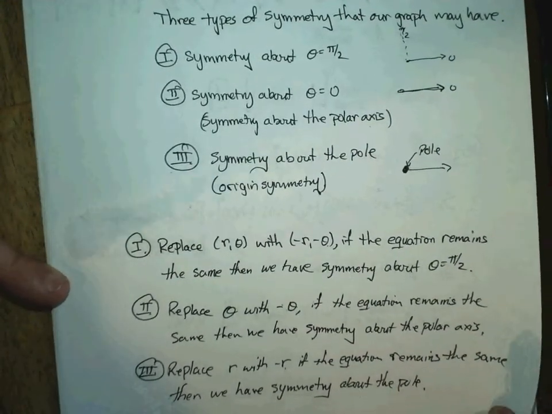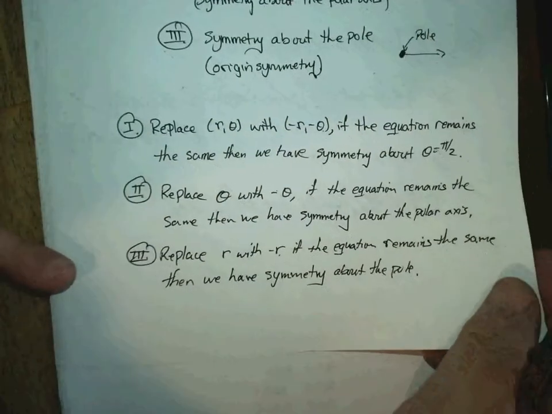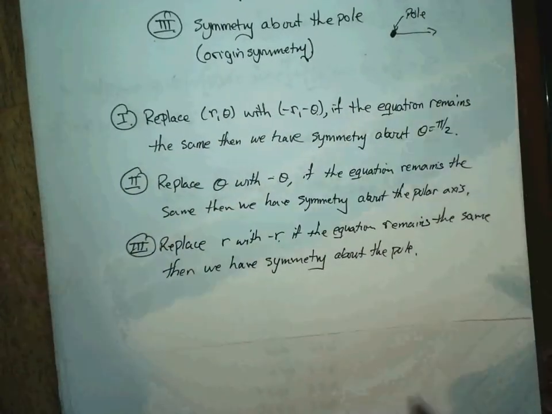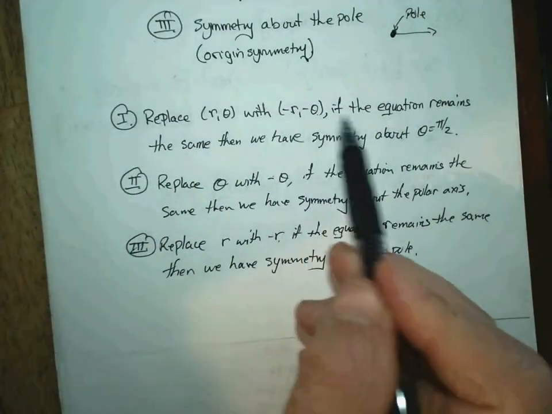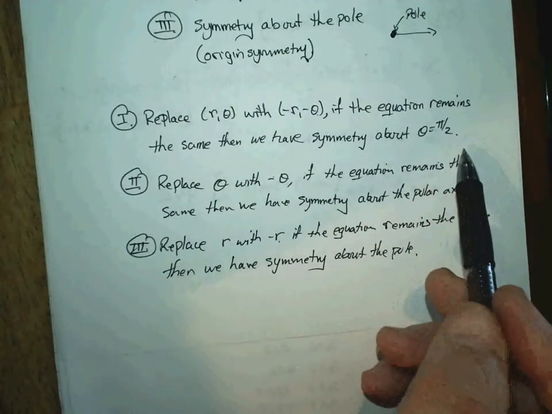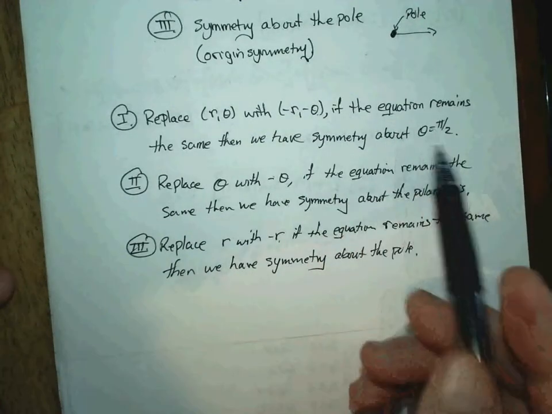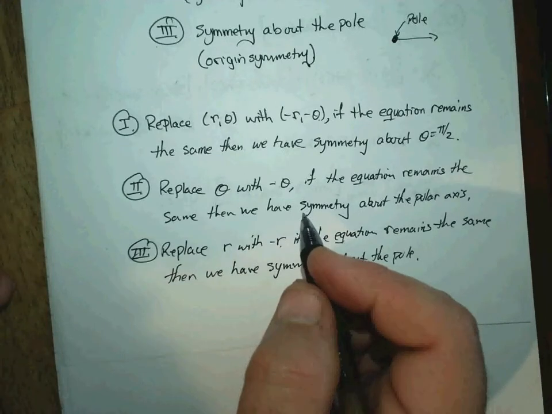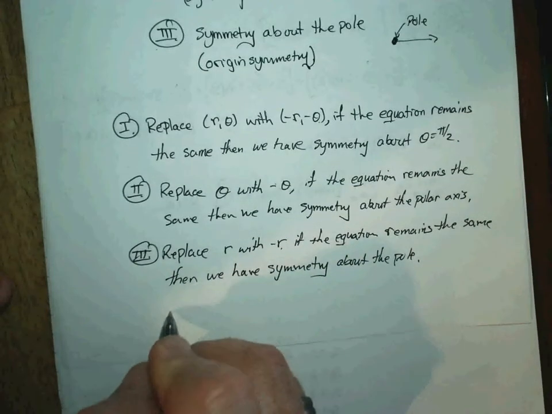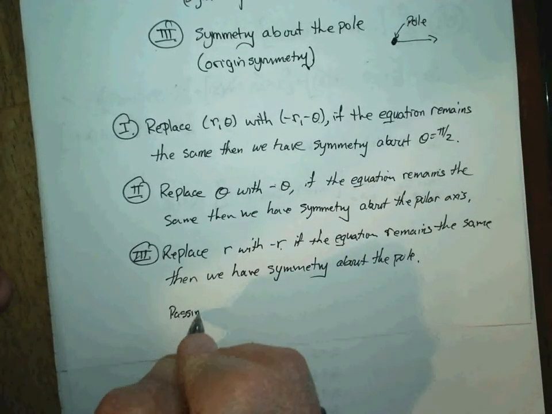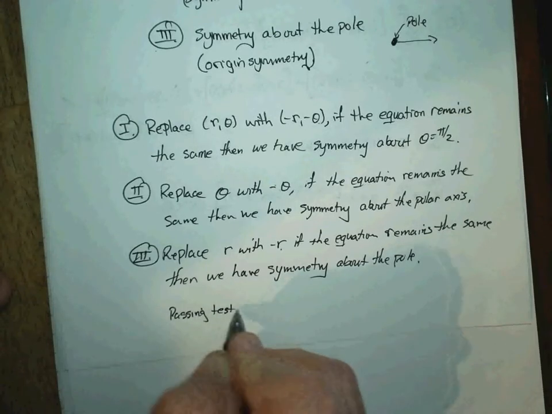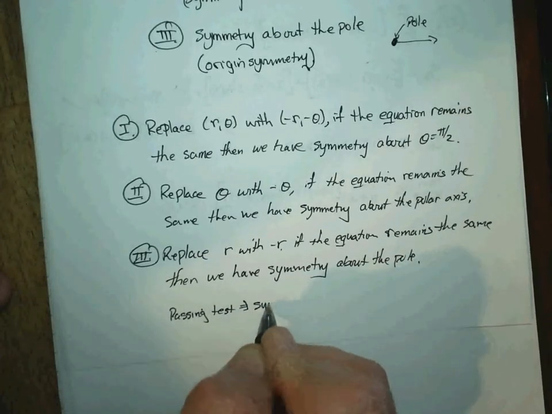Now, the interesting thing about all these tests is they say the following. If you do the replacement and the equation is the same, then you know about a certain type of symmetry. Passing the test implies a type of symmetry.